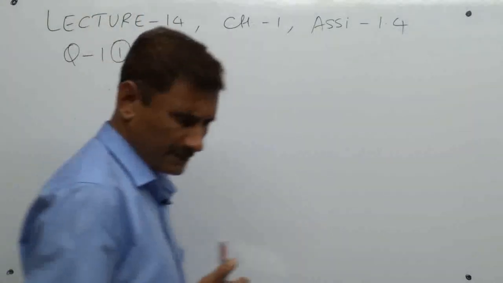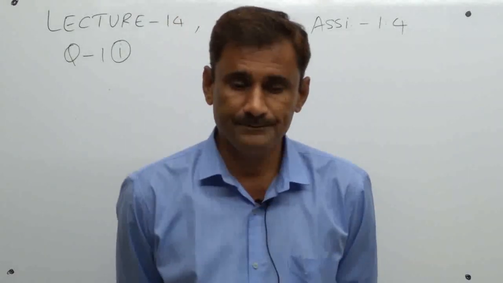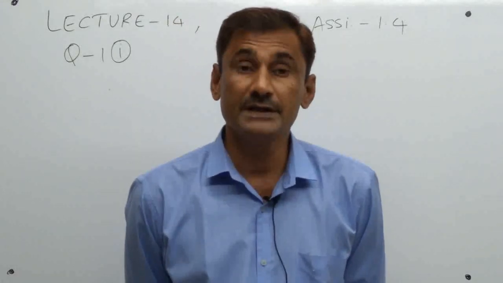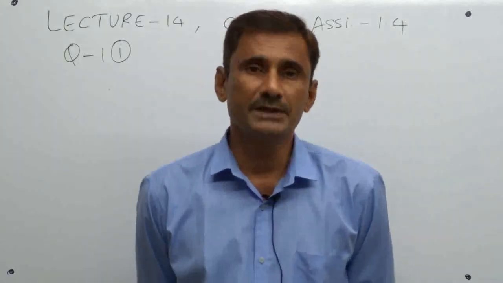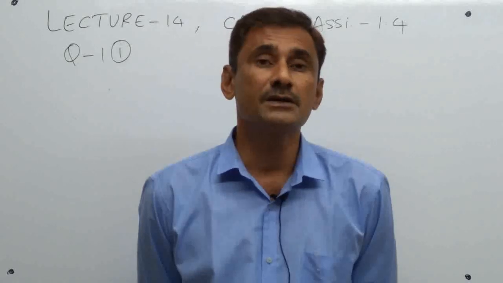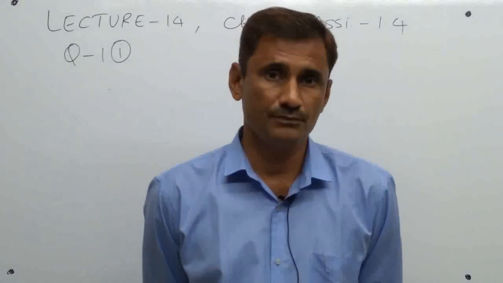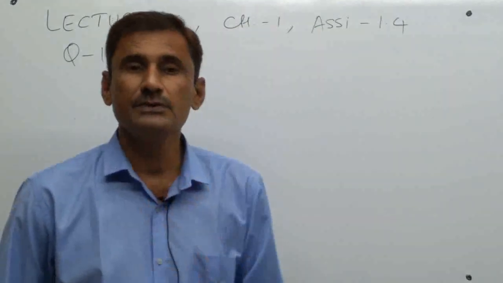Here fractions are given everywhere. You can convert them into decimals, no problem, because the options are given in decimals. Otherwise if you keep them in fraction form, at last you have to divide and convert into decimal form. So from the initial point only, we convert it into decimal form.